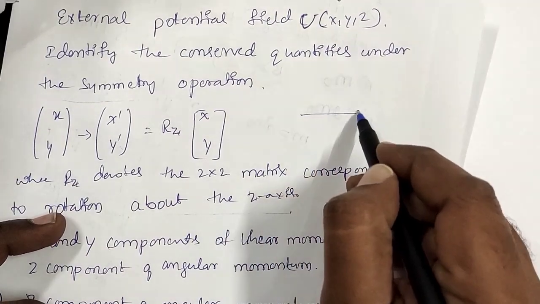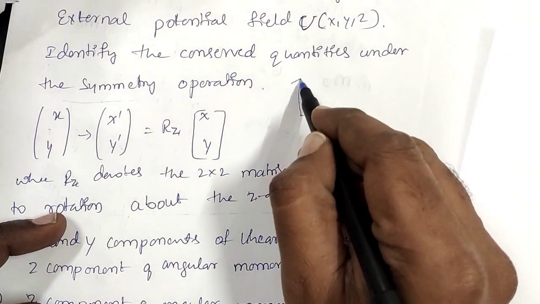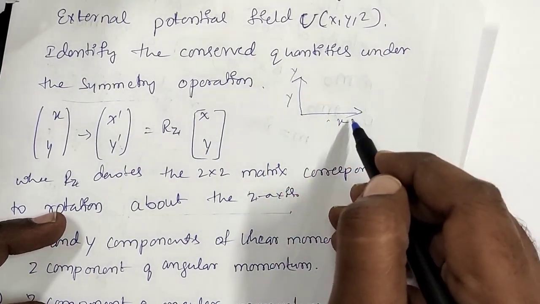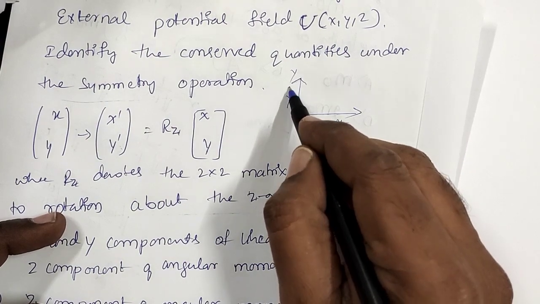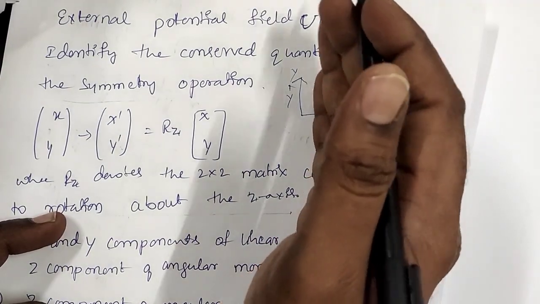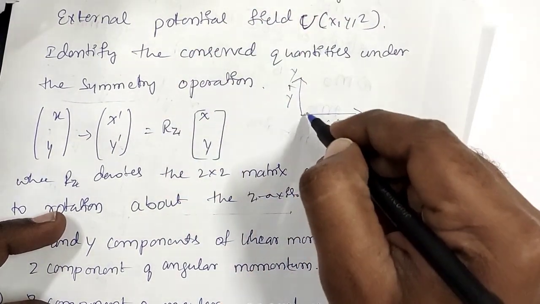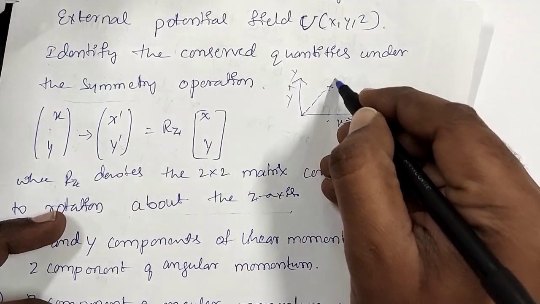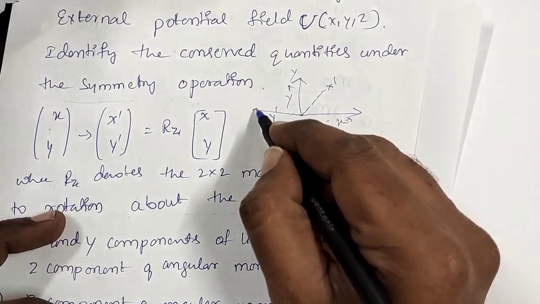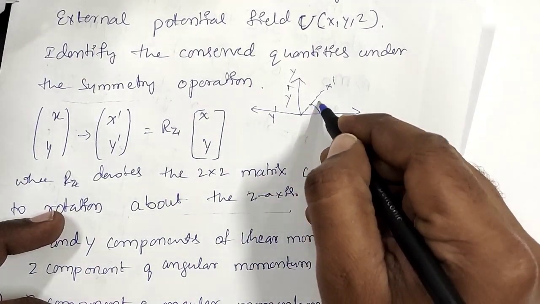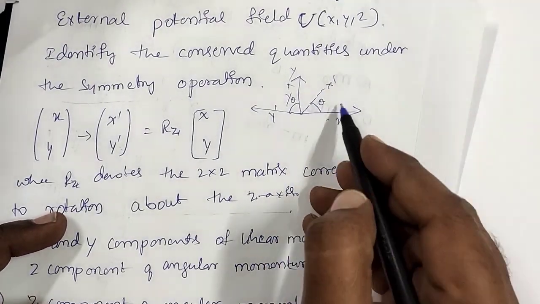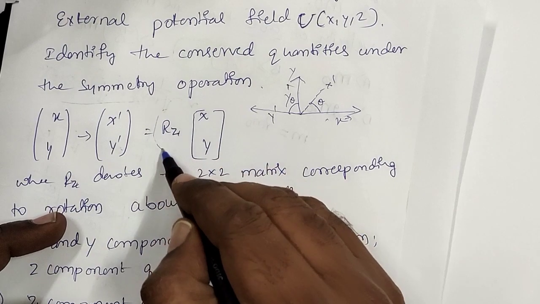Let us consider this is the x axis and this is the y axis, and initially it is like this. If the body is slightly rotated about the z axis, our new x prime is this one and our new y prime is this one, which makes some angle theta with the x axis and the y axis. After solving this, we will get a matrix that includes R z.